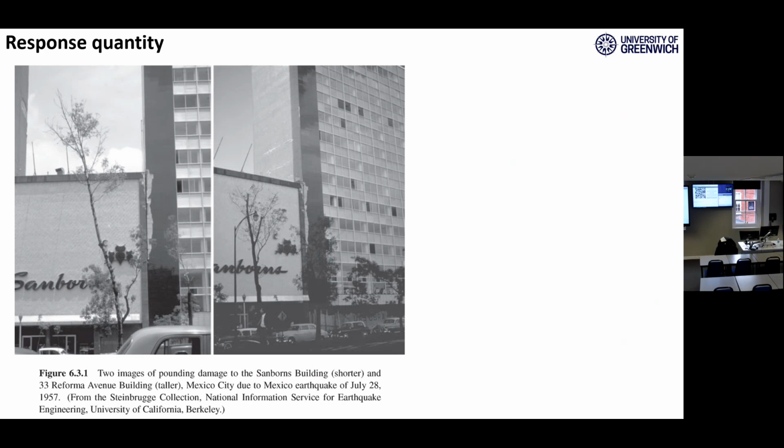There are two structures beside each other, somewhere in Mexico City, during the earthquake of 1957, a tall structure and a smaller, shorter one. There was not enough space between these two structures.